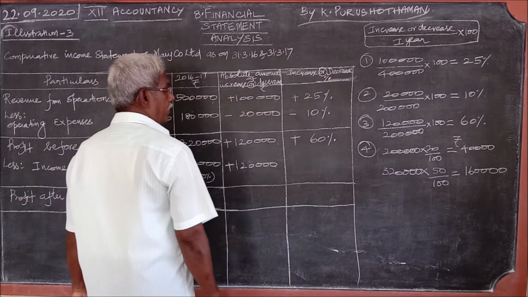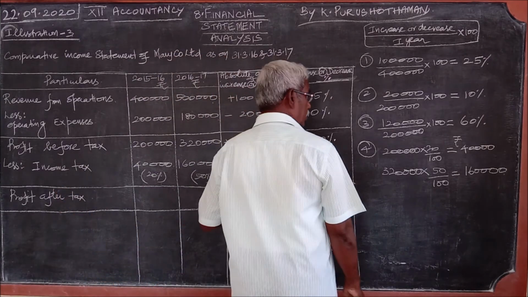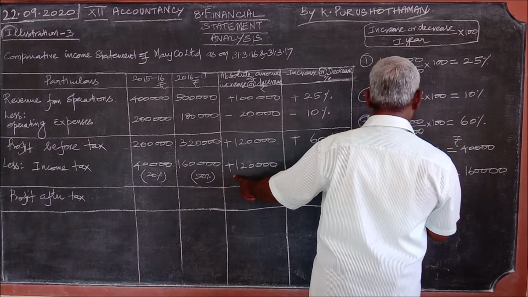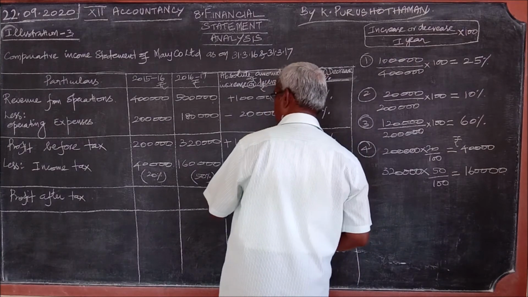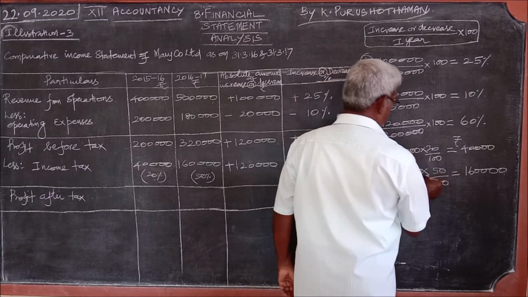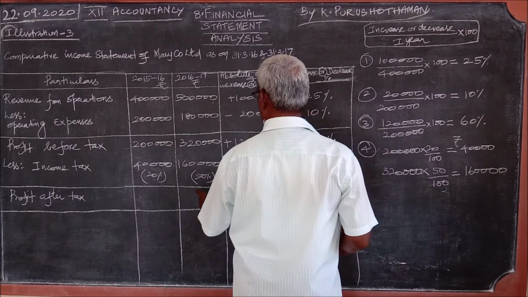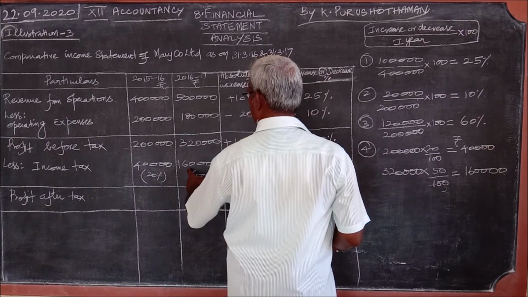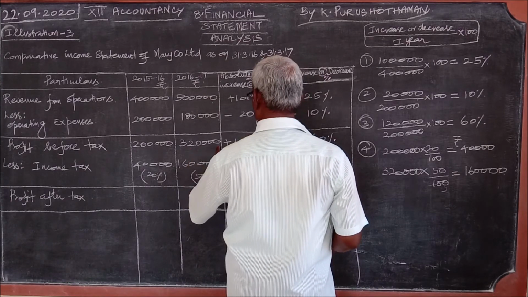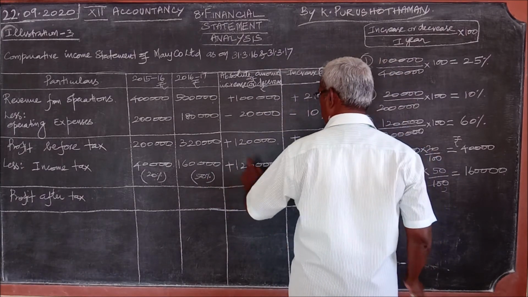Checking: 3,20,000 into 50 by 100 is 1,60,000, right?